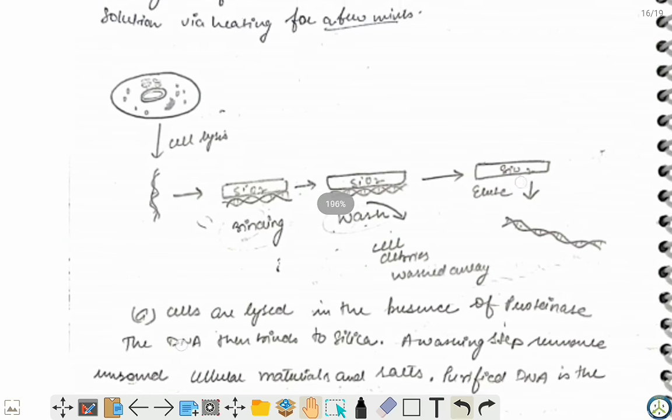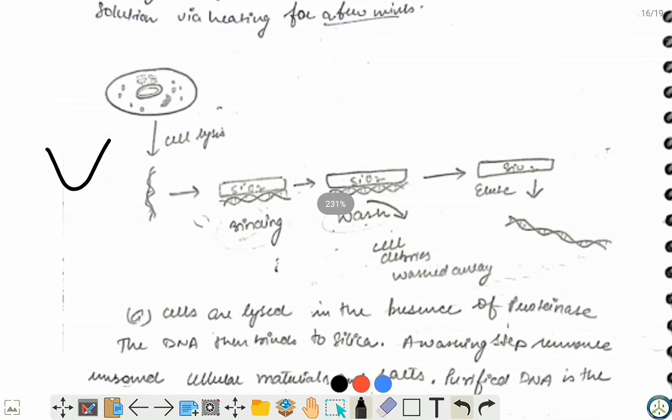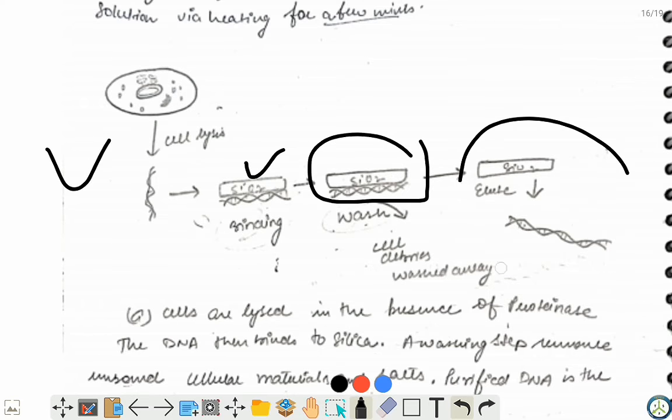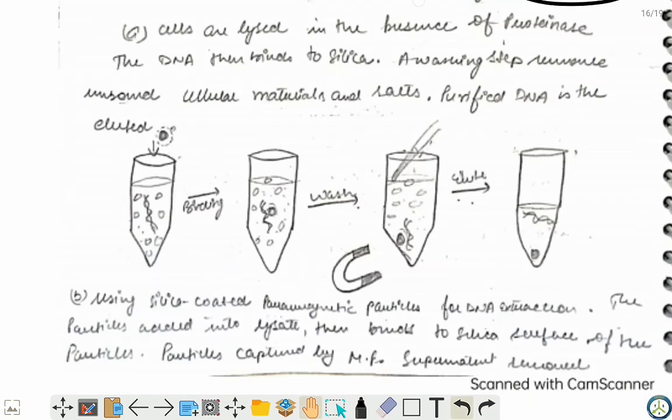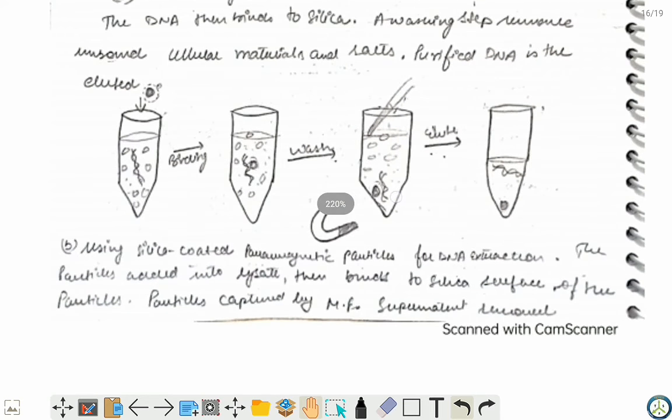Second, let's look at the process in the diagram. The first step is silica based, where we have silicon dioxide. We wash the adsorbed DNA, then elute the DNA. Next is DNA IQ, where we use the paramagnetic bead.